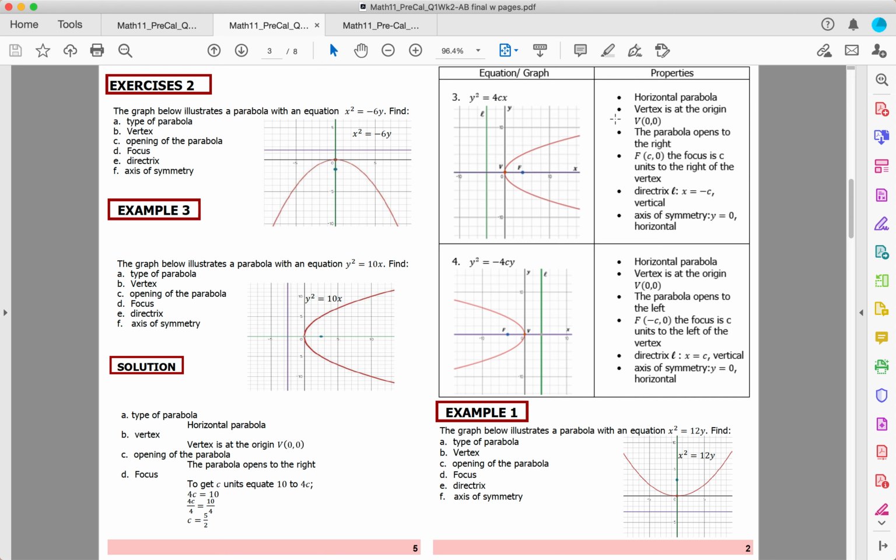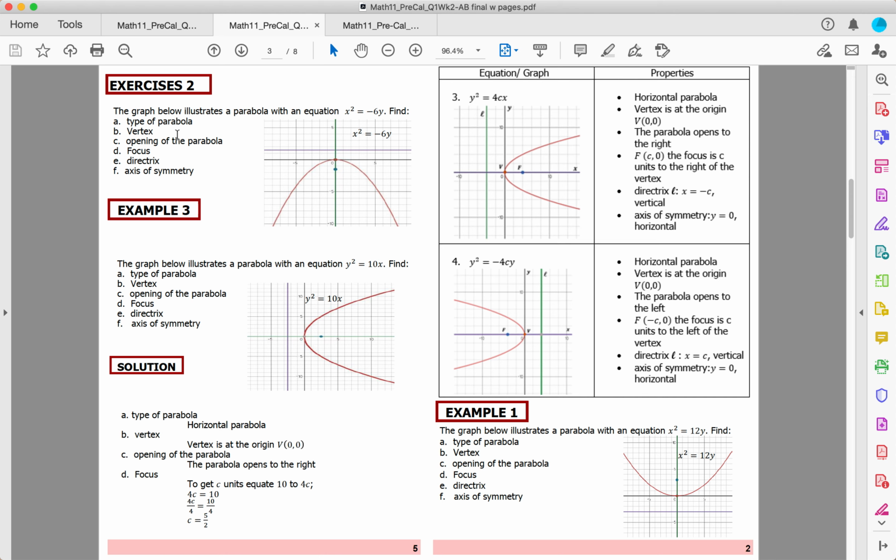If your parabola is opening to the right or opening to the left, these are its standard forms. Okay, so just simply read your properties. Now let's proceed to the most important part, which is the exercises.